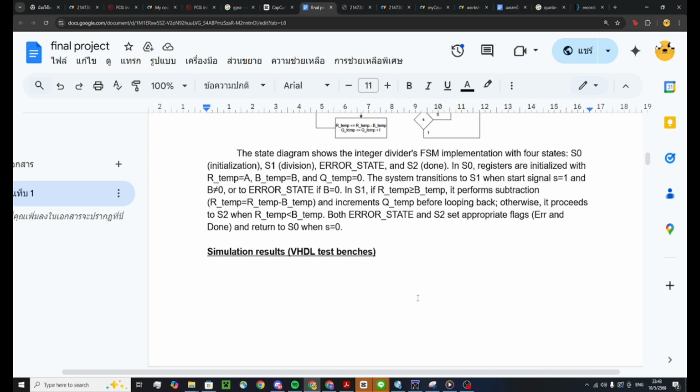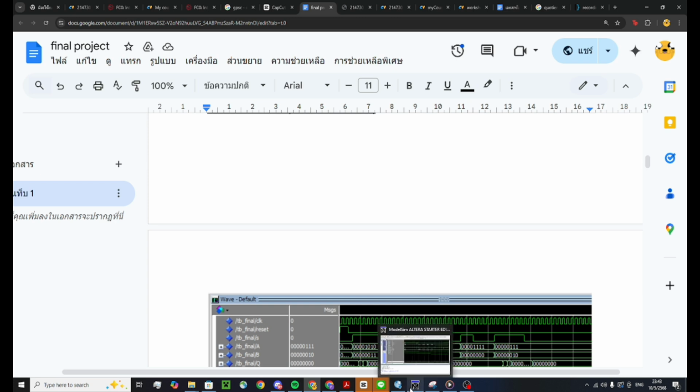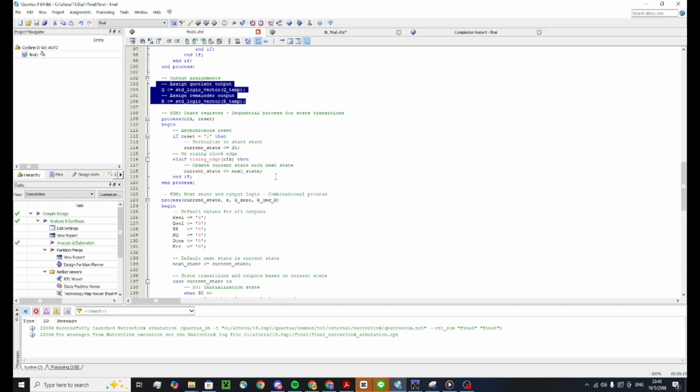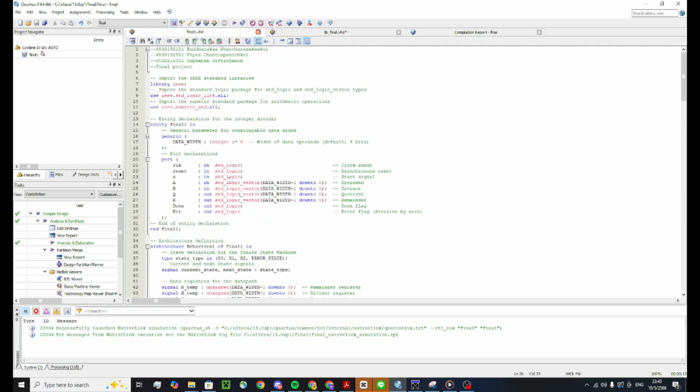So the next part is our main VHDL file code. For the entity definition, we use the generic data with integer equal 8 to support 8-bit input, and we also declare a bunch of ports here: clock, reset, S, A, B, Q, R, done, error.